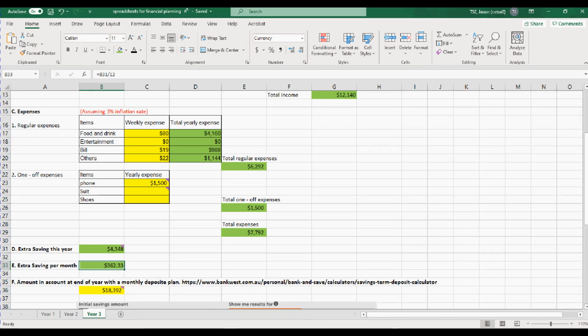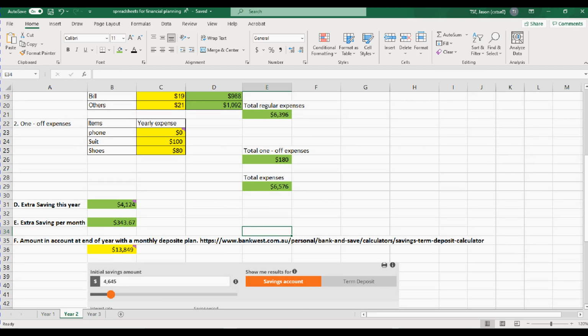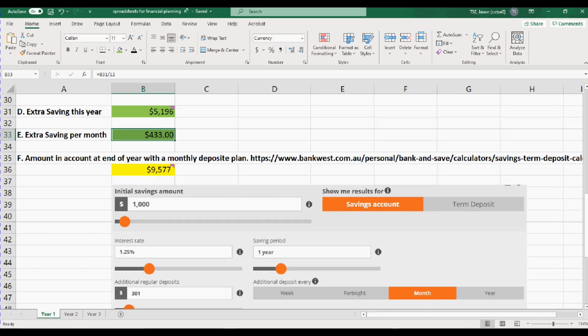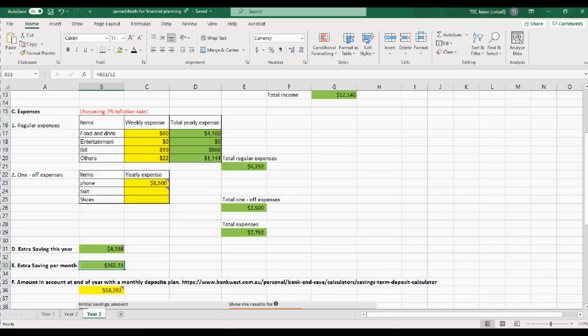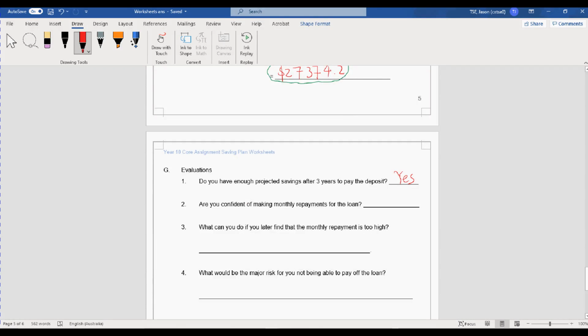At the end, in the third year it's around 362, second year is around 343, and year number 1 is 433. So it seems like it's not enough. If you still have the same saving plan, it's not good enough for you to pay the monthly payment of the loan, unless you use some of your saving.